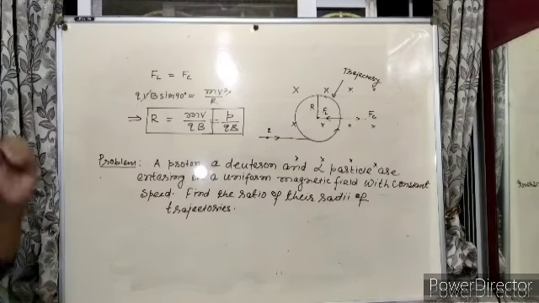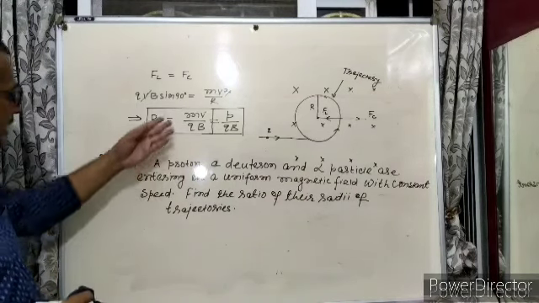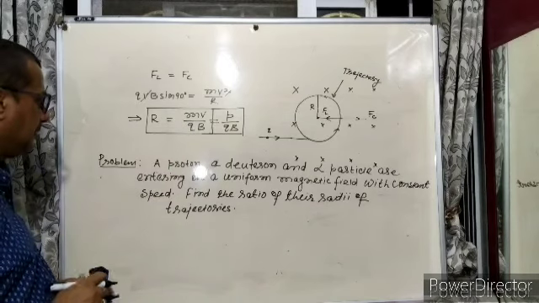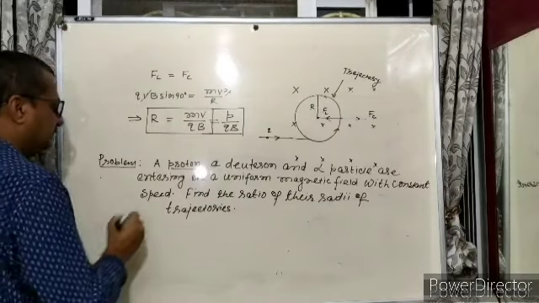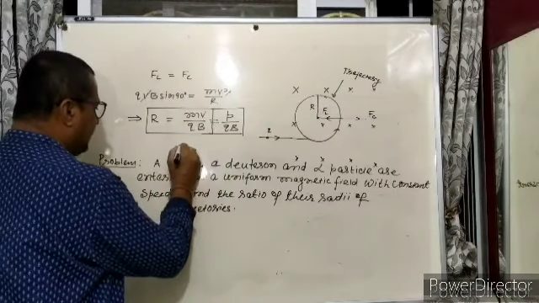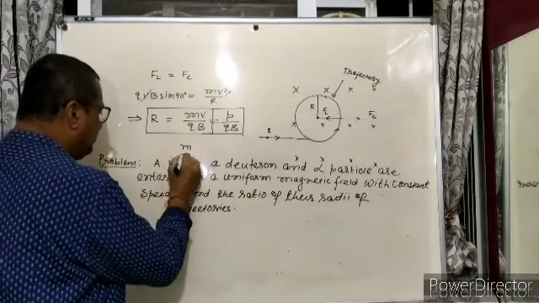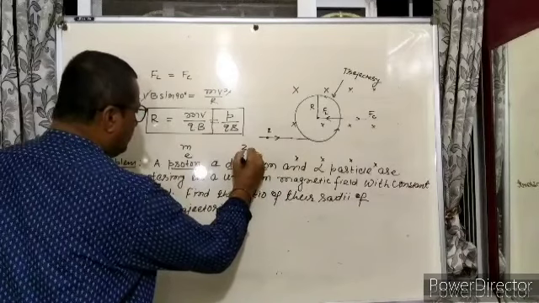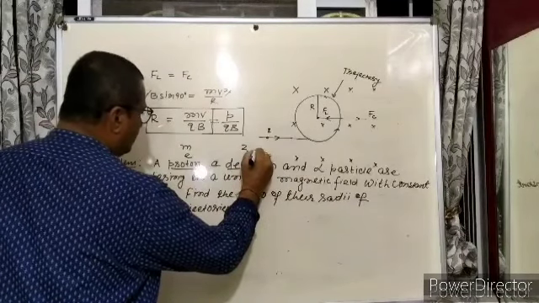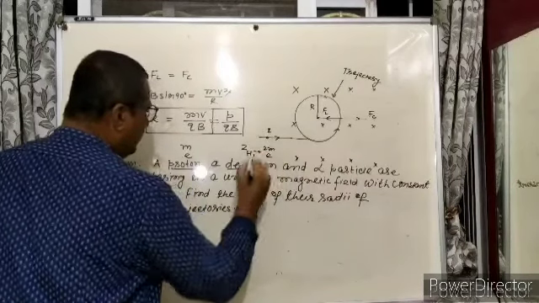Here the formula is above: radius is equal to mv by qB. This is the proton. Its mass is m and charge is e. This is the deuteron. Deuteron is 2H1, so its mass will be equal to 2m and charge will be equal to e.